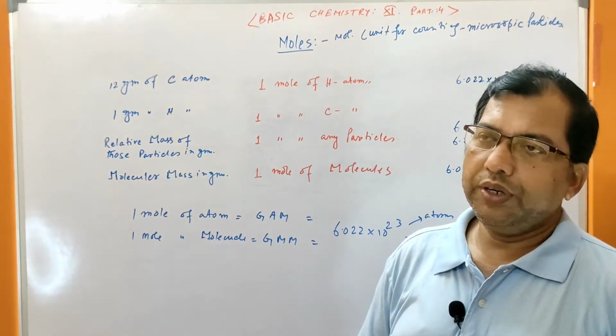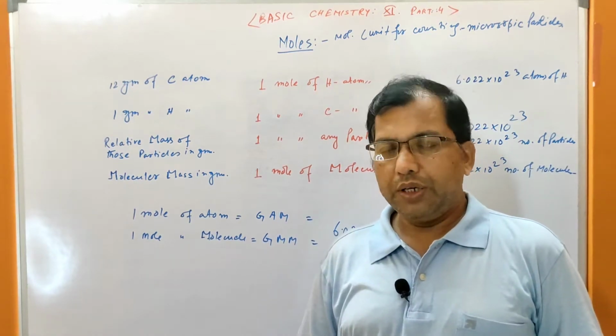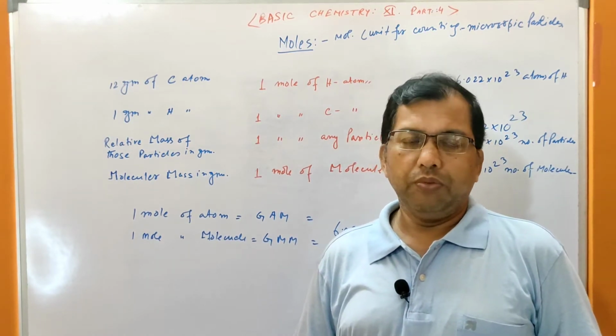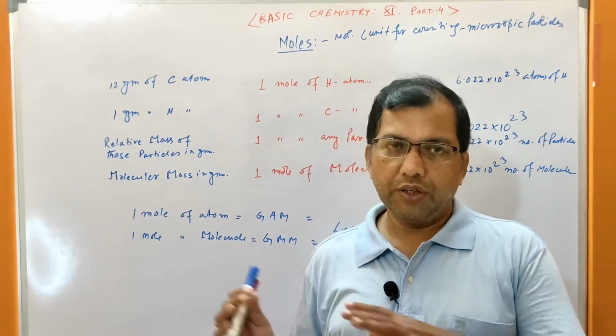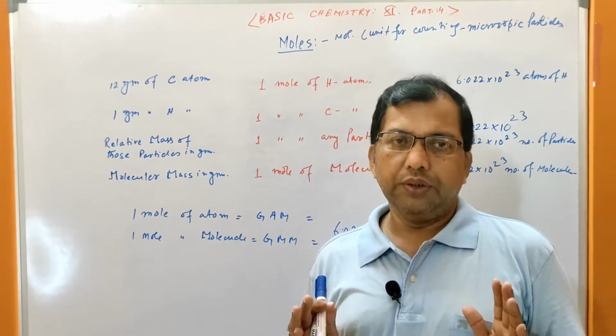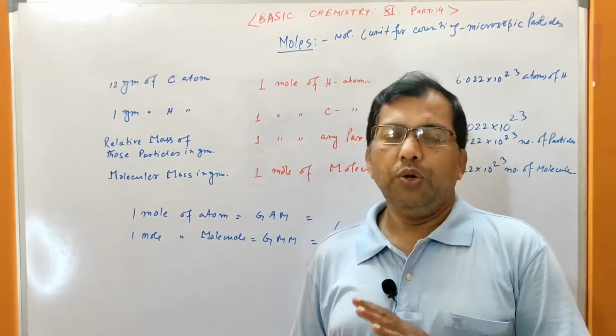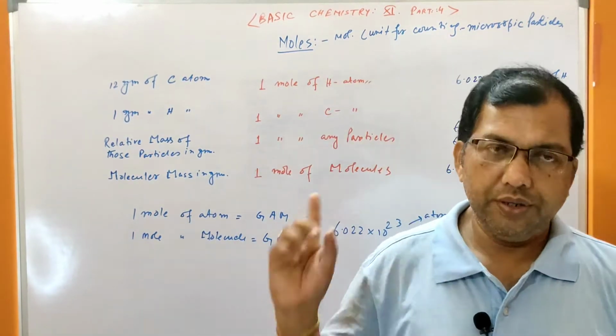I hope that after the total completion of this chapter, it will be clear to all of you. The numerical problems will also be solved after completing the theoretical parts. First the theoretical part will be completed, then the numerical part. Okay? So let's start.